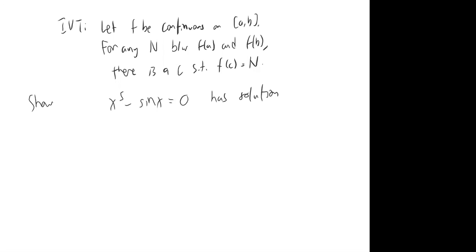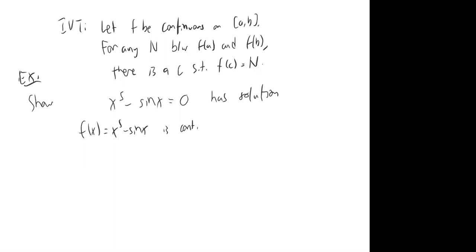Basically, this says x to the fifth minus sine x has a root. This function is continuous, so I can use IVT. My capital N is 0 in this case.